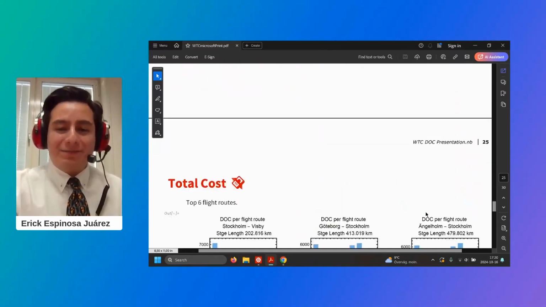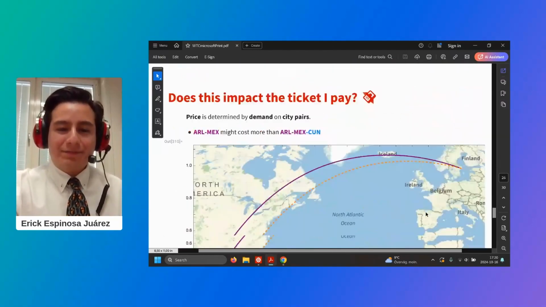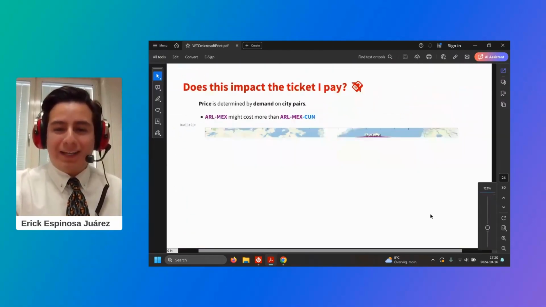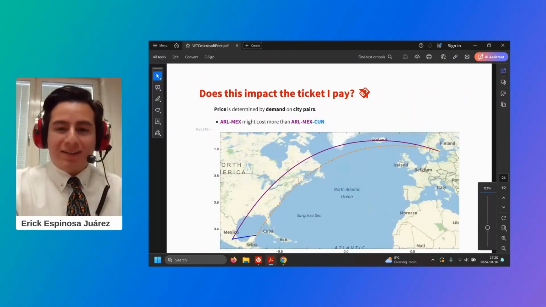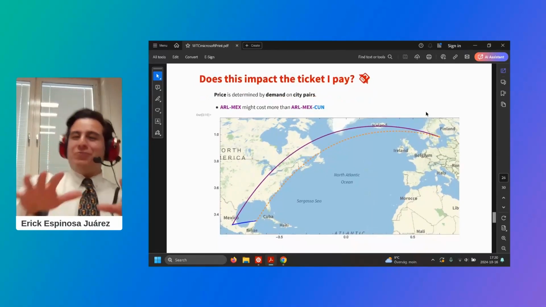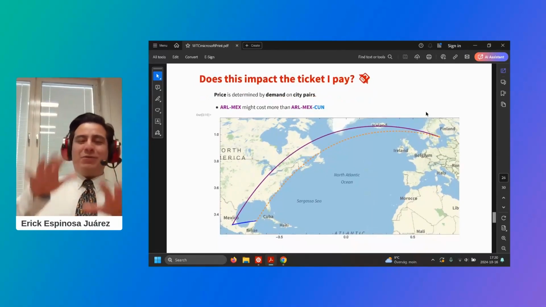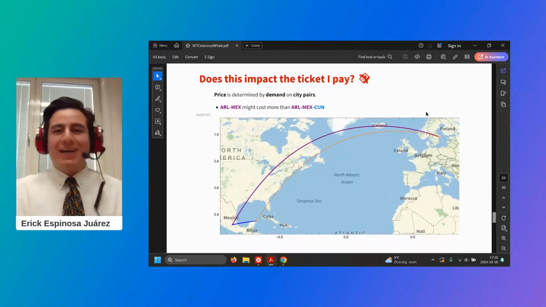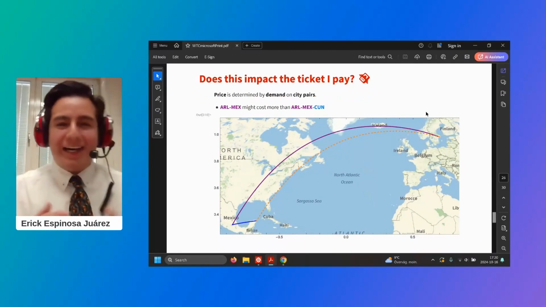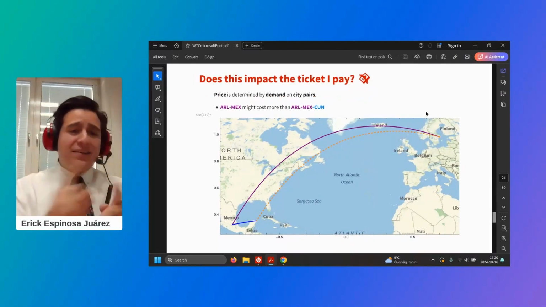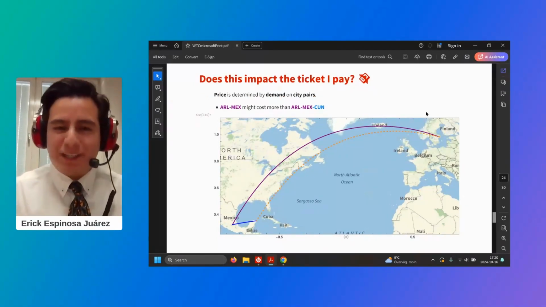And finally, this is more like a nice to know. Does this really impact the ticket I pay? I'm talking to you as a traveler, you that log online and try to get a ticket. The answer is not as much as you would expect.